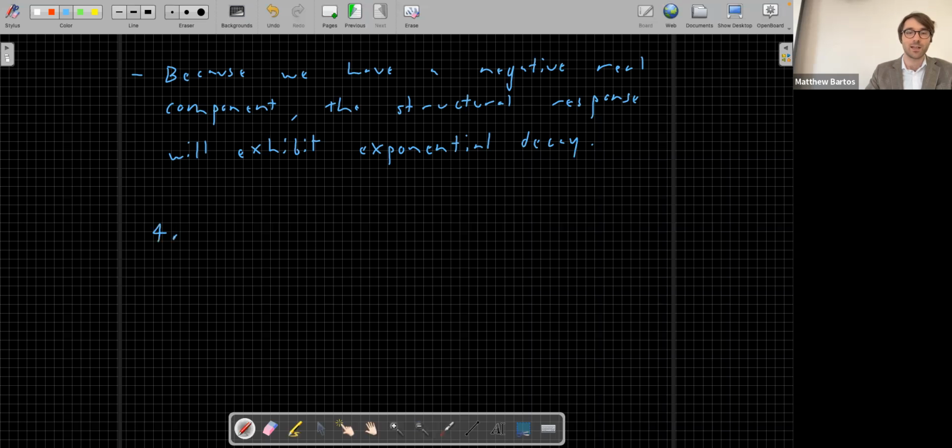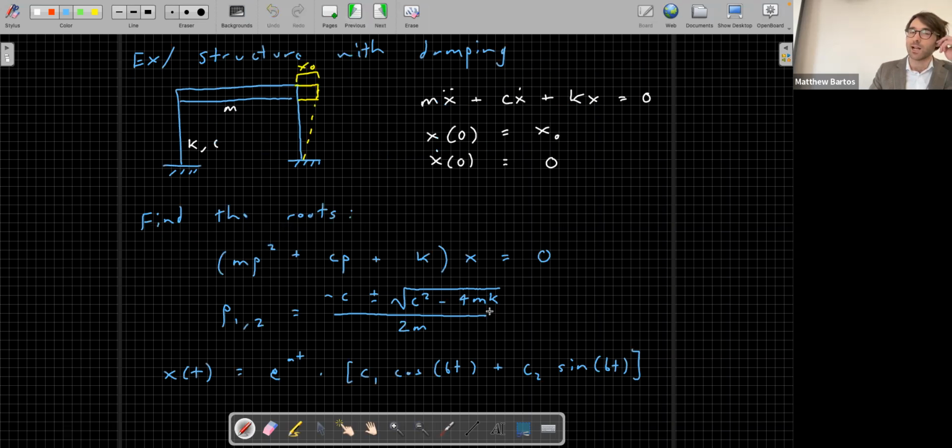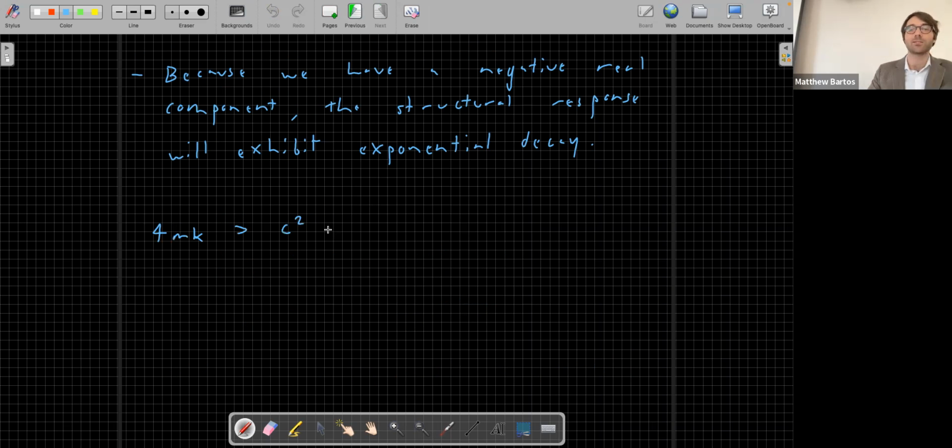So if 4mk is greater than c squared, what will happen? Right, you'll get oscillation. This system will be what's called underdamped. The terminology I don't think is that important, but what you'll see is you'll get oscillation.